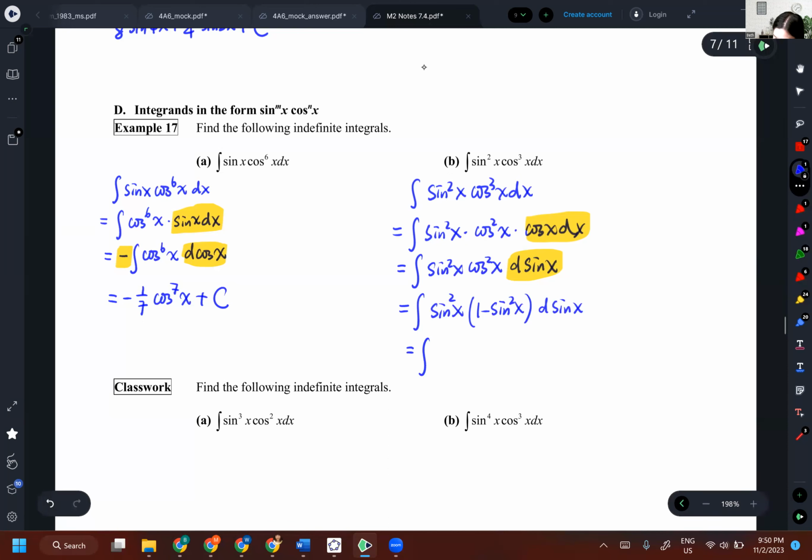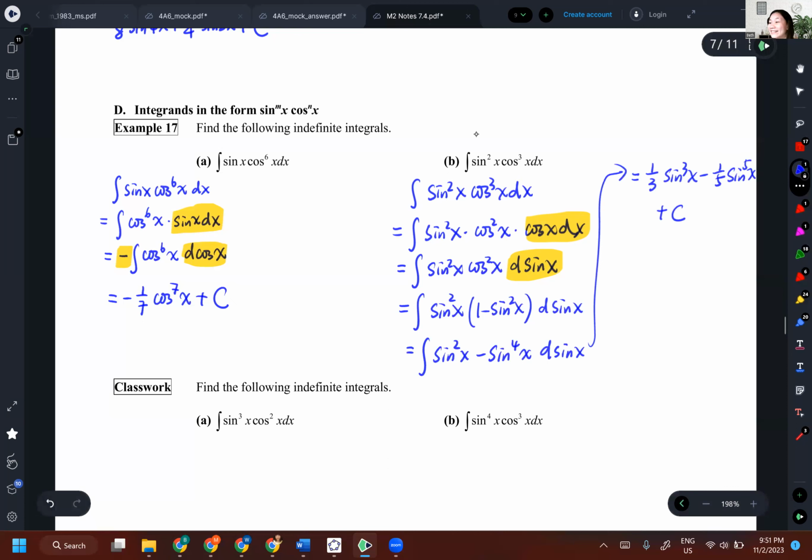Then it can be sine squared minus sine to the power 4 d sine x. And in the end, it's 1 over 3 sine cubed, minus 1 over 5 sine to the power 5, plus c.